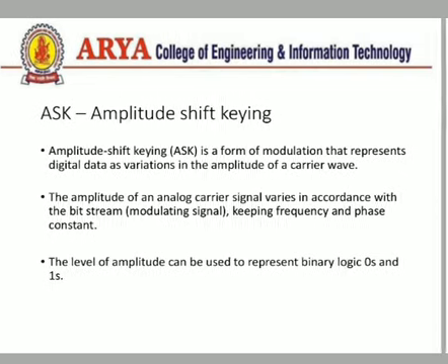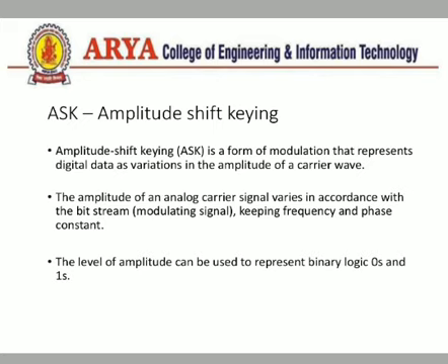In the case of ASK, the frequency and phase are constant and amplitude is varying. The level of amplitude can be used to represent binary logic 0 and 1. It means data will not be transmitted in case of logic 0 and will be transmitted in case of 1.